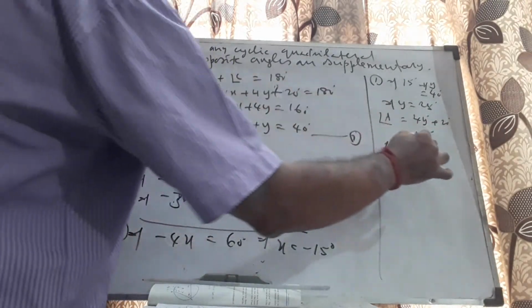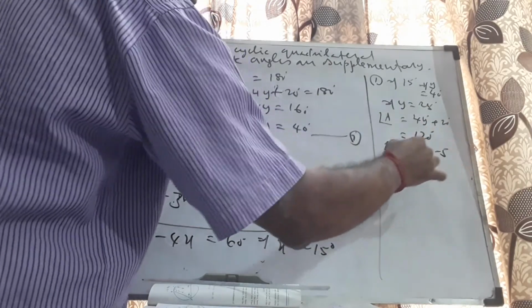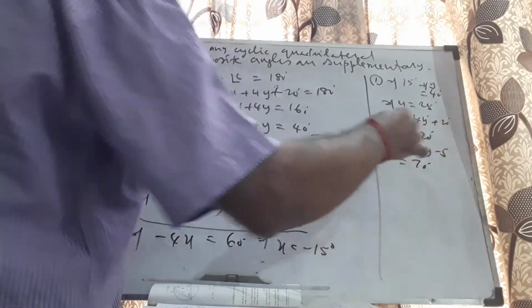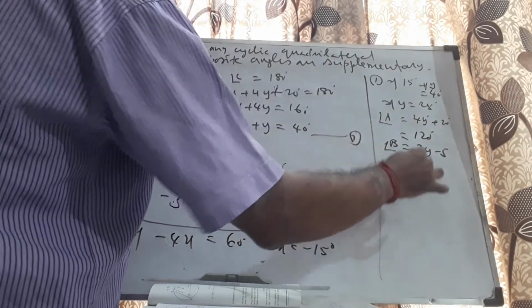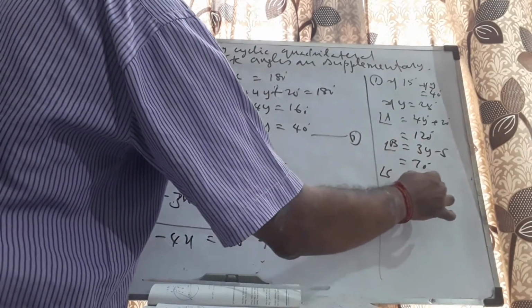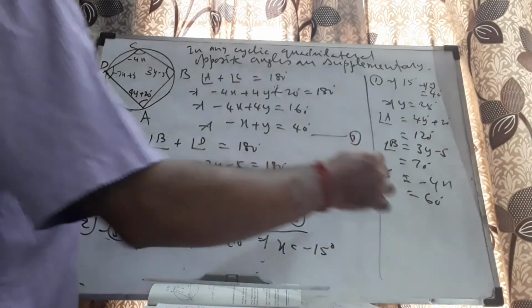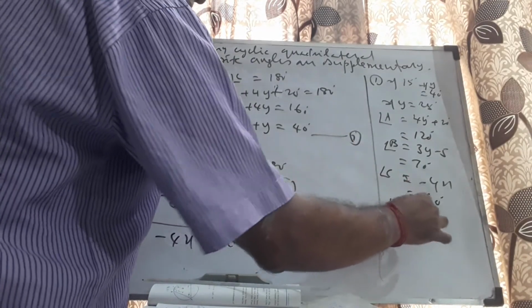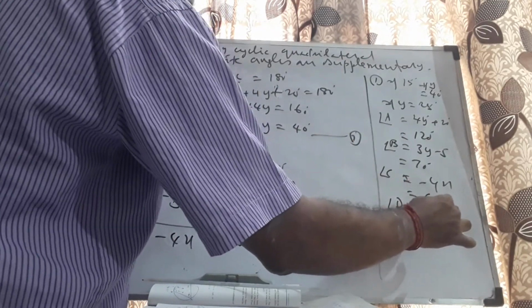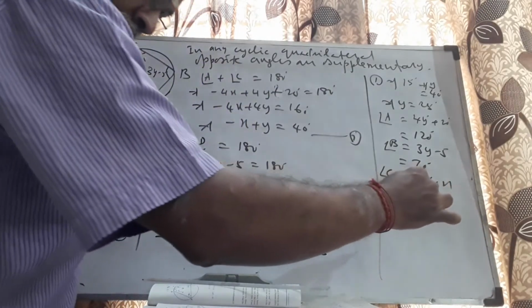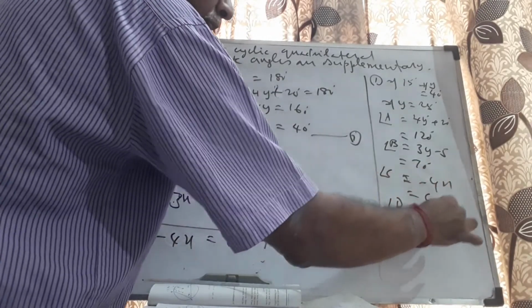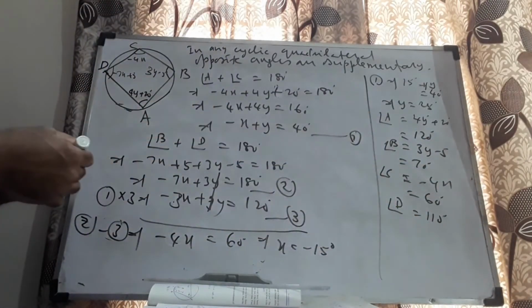Angle B is 3y minus 5. Therefore, this is 75 minus 5, 70 degrees. My angle C is minus 4x, which is 60 degrees. X is minus 15. My angle D is 105 plus 5, 110 degrees.